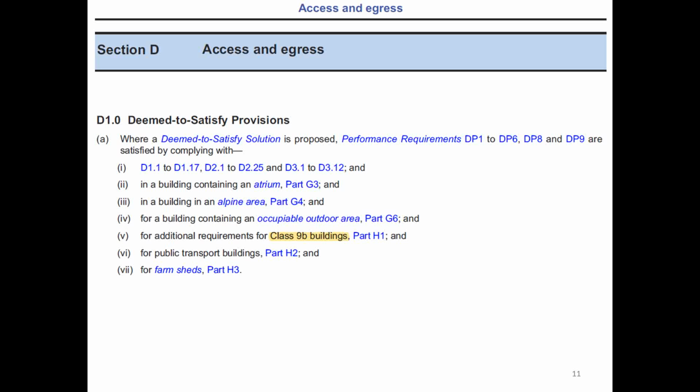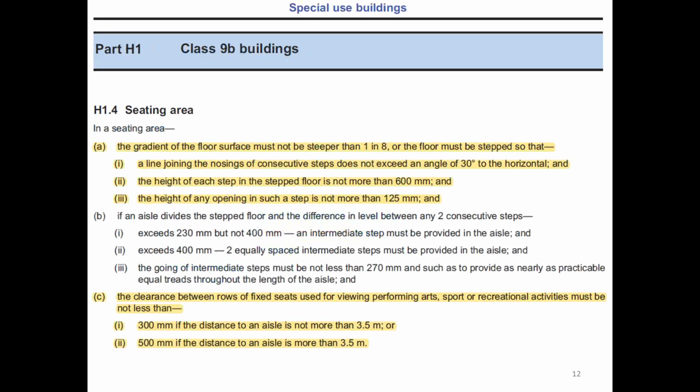So you can see here in clause D1.0 that there are additional requirements for class 9B buildings, which is our stadium buildings, in part H1. So if we go to part H1, what we will see here is what H1 actually says.